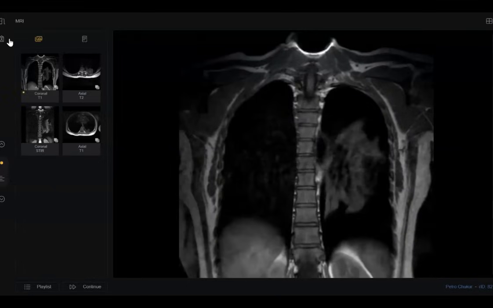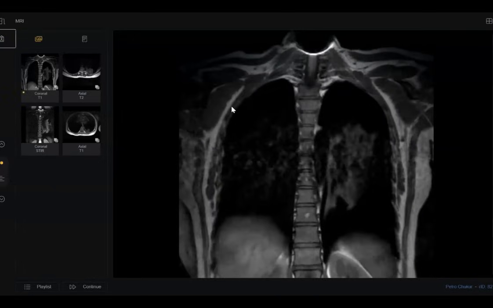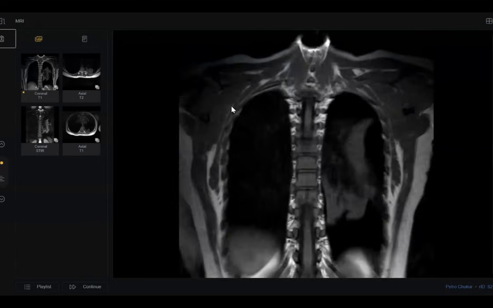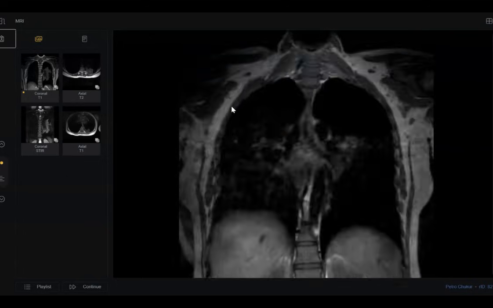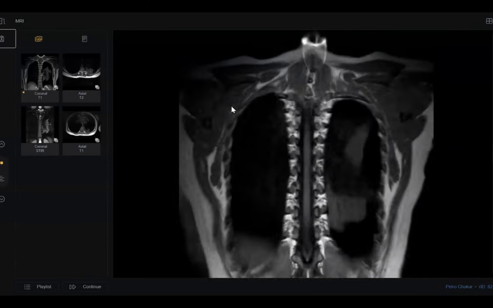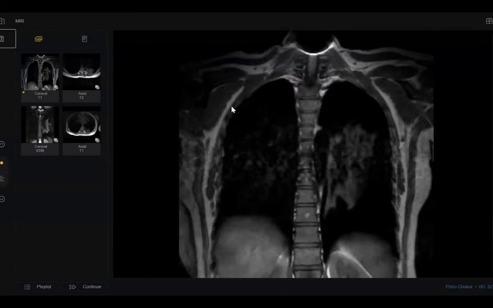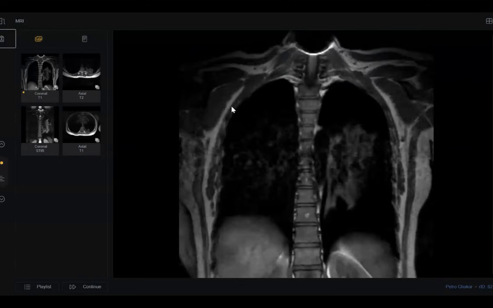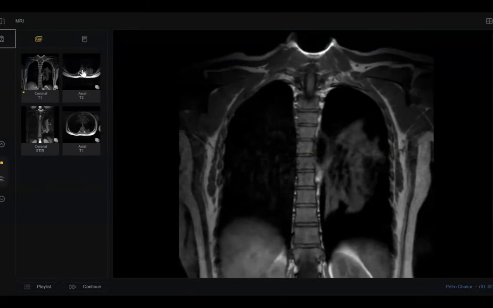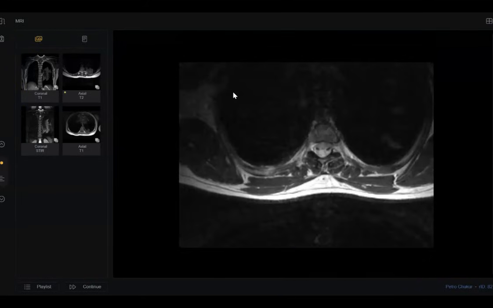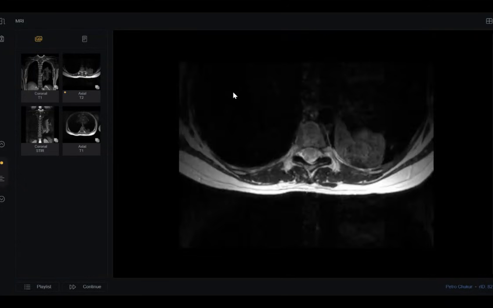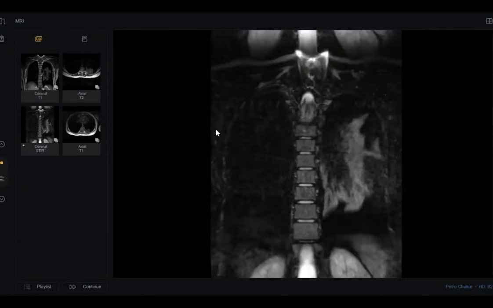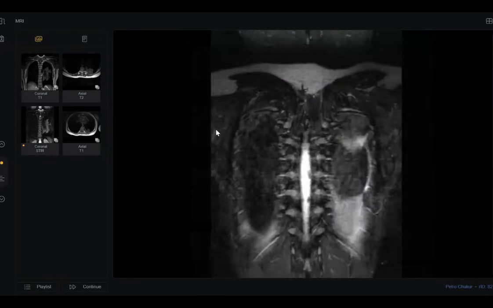Doctor, this patient, a 30-year-old female patient presented with chest pain. This is a chest MRI study of a patient of 30 years presented with chest pain, where I can appreciate an abnormal signal intensity at the left posterior superior segment of left lower lung lobe.